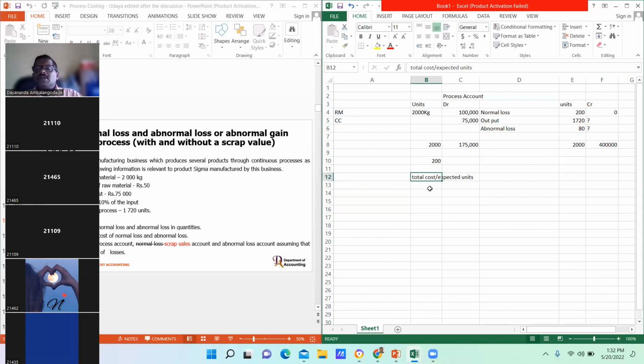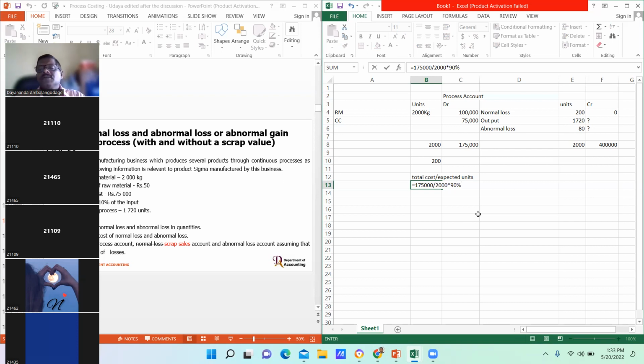And your total cost, we are applying the data to the formula. You insert 2000 units, with a cost of 175,000. How much do you expect? Normal loss is 10%, so you expect 90%.